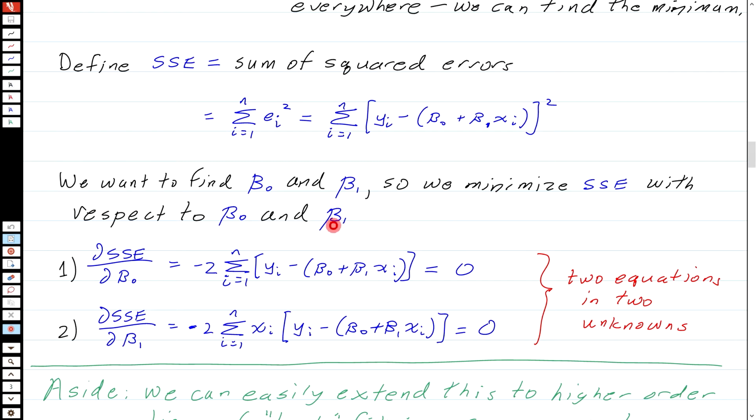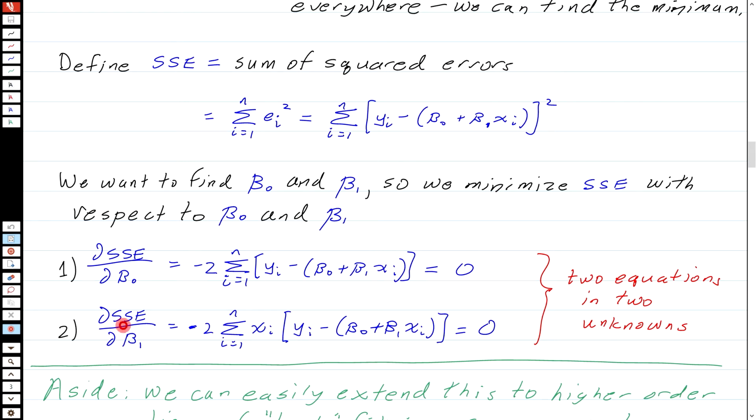Okay, so if we actually take the derivative with respect to beta naught of this quantity up here, the 2 comes down out front. There's a minus sign in front of the beta naught, so there's a minus 1 also in the derivative, and then we're left with what's inside the brackets here. So we got minus 2 sum i equals 1 to n of yi minus its prediction, and we set that whole thing equal to 0.